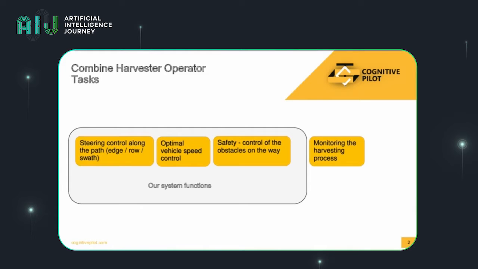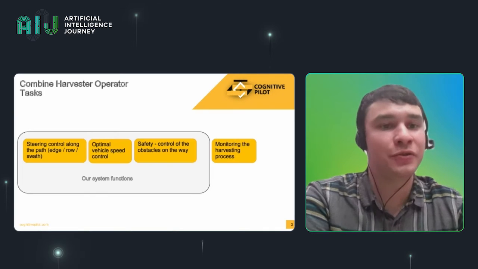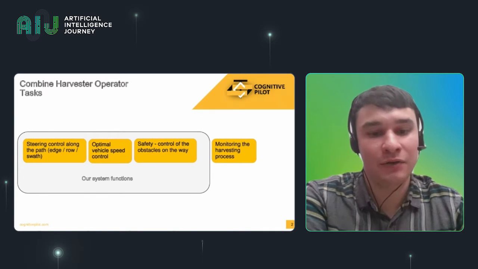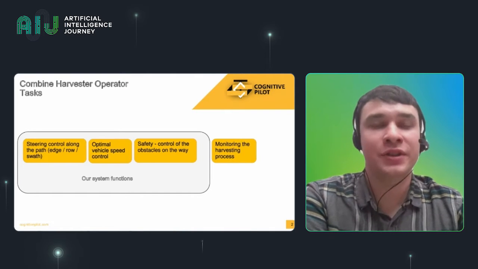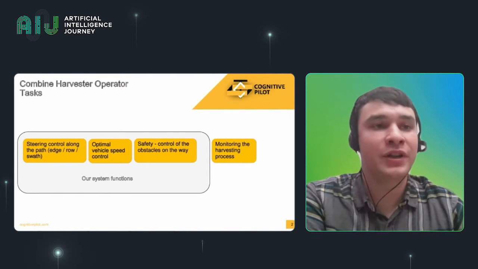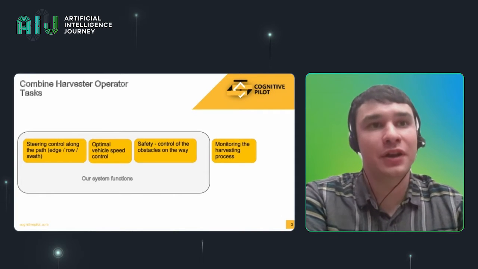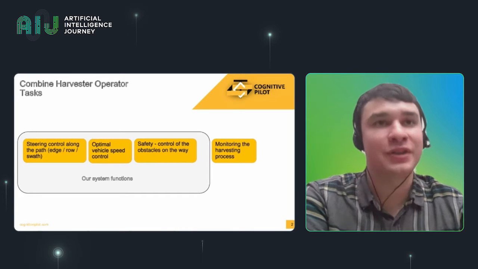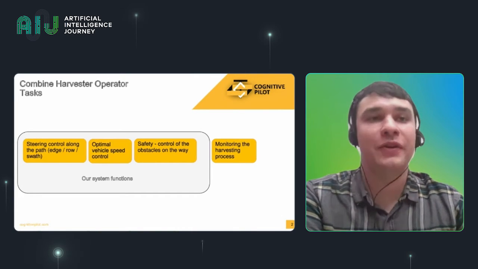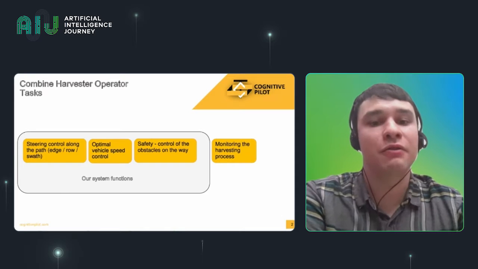Okay, so first of all, I want to tell you about the tasks of the combine harvester operator, which should be done simultaneously during harvesting. The first task is the controlling of the harvesting process. So the harvester operator should simultaneously control the parameters of the process, fine-tune some parameters, and so on.